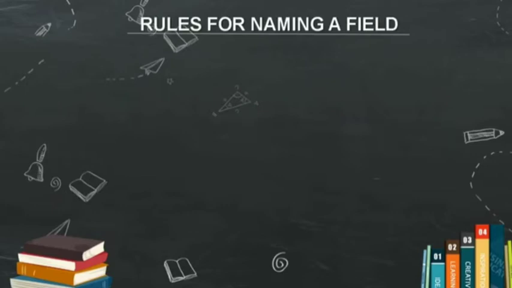We will see each rule one by one. So the first rule is a field name can range from 1 to 64 characters, meaning the name should not contain more than 64 characters or be null. Null means nothing. So it should be specified in the range of 1 to 64 only.